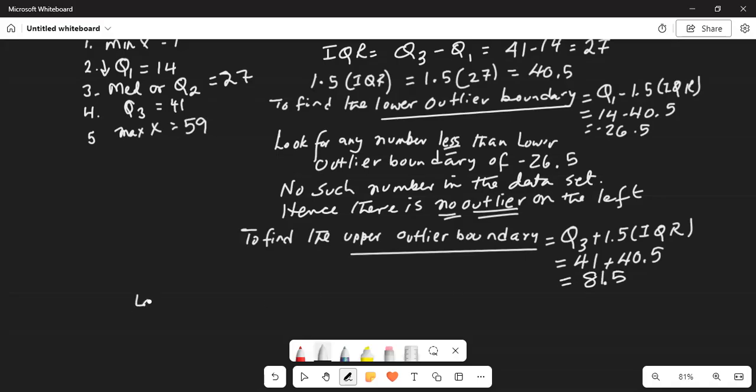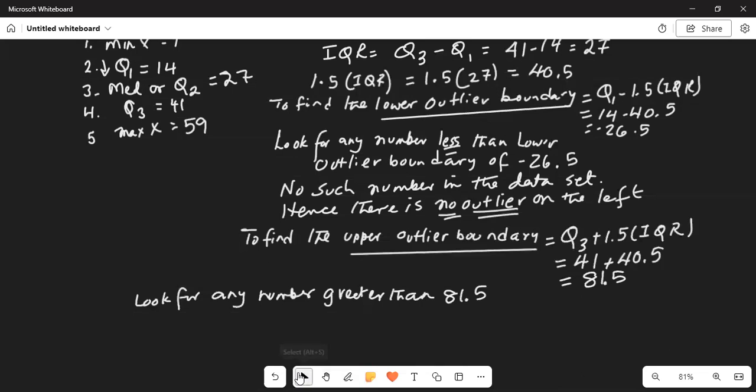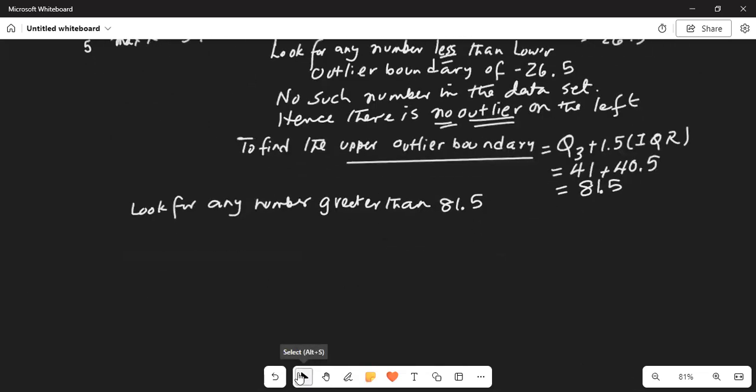So now we are going to look for any number greater than 81.5. How do I do that? There's an easy way to do that. Let me show you. In your calculator, put it on, then press the stat button.